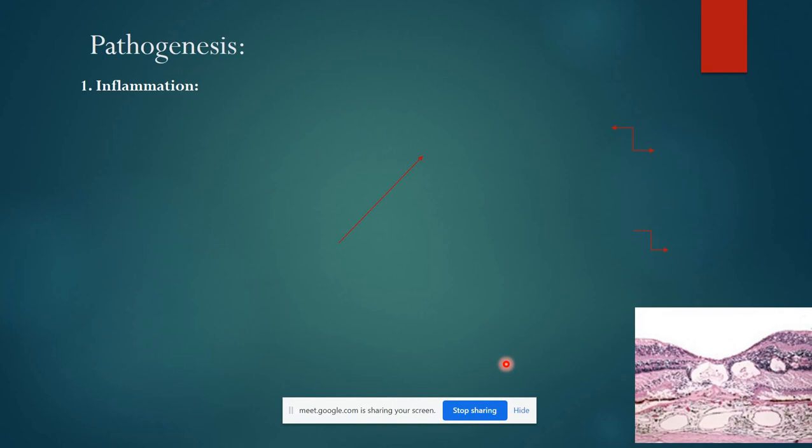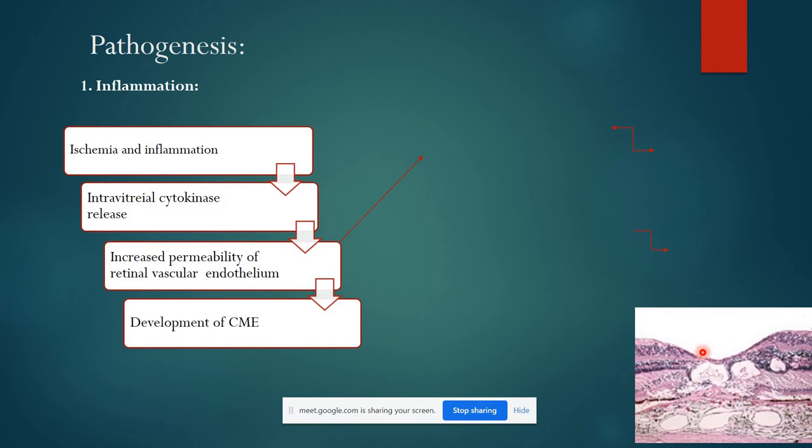So this is a histological cross section of a retina, and we'll go through the process here.